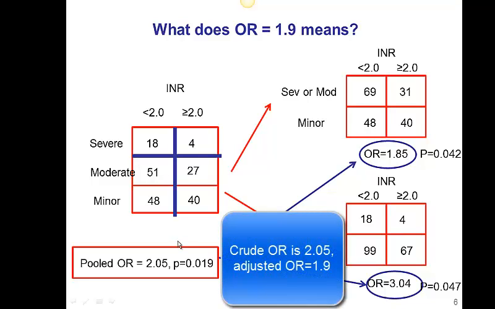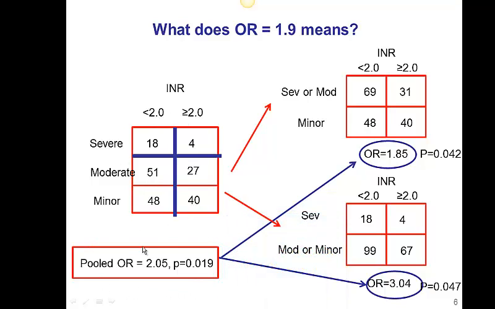It's not exactly the average because they use a more complicated formula to pool these two odds ratios. Anyway, the pooled odds ratio is now 2.05 and the p-value is 0.019, because in this analysis you have more granular data. Okay, so you have greater power to show a statistical difference.